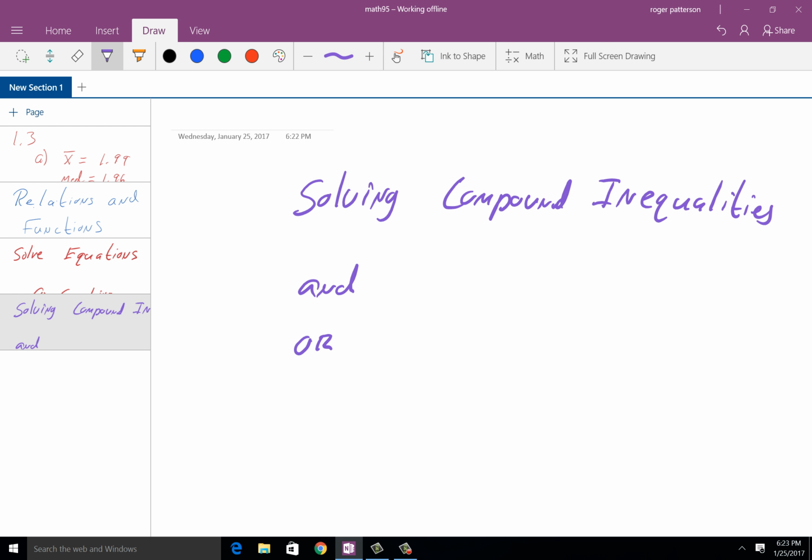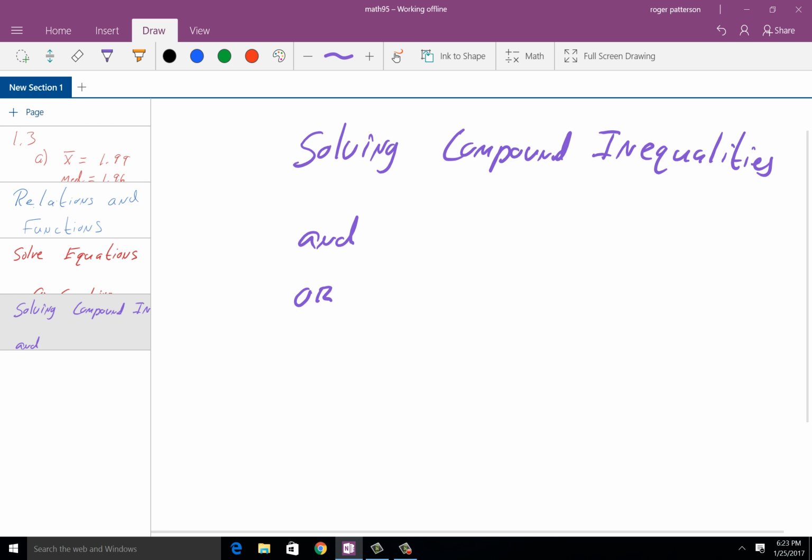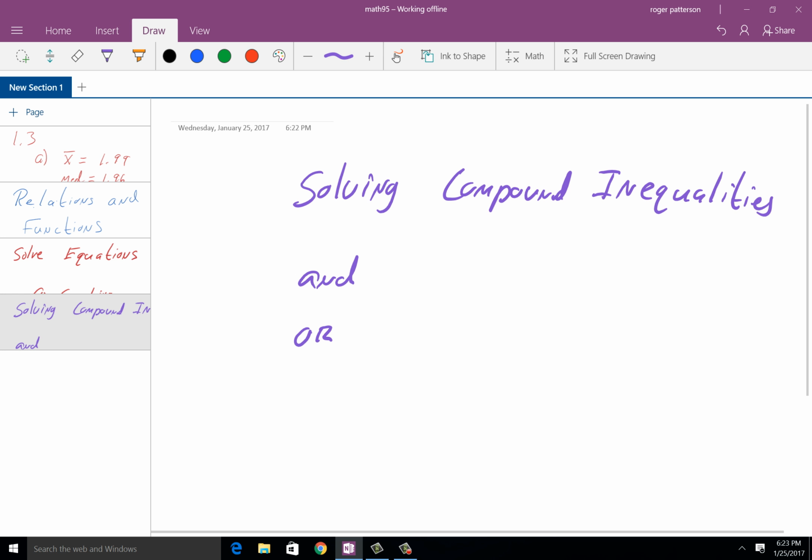The concept behind "and" is x is between, say, 3 and 7. If we wanted to pick a number between 3 and 7, that would be an "and" problem, because I'm saying I want a number between 3 and 7.